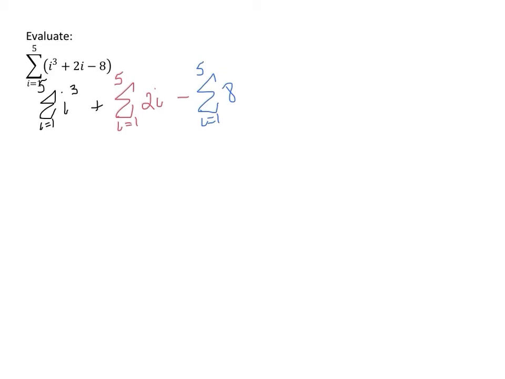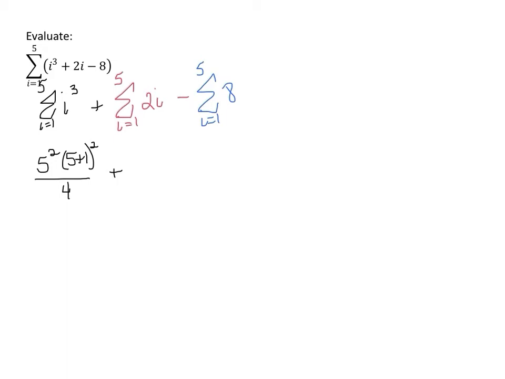So the first one, I'm dealing with a cubic. Again, that comes out of that yellow box. And I get n squared, well, n is 5, times 5 plus 1, quantity squared, over 4.